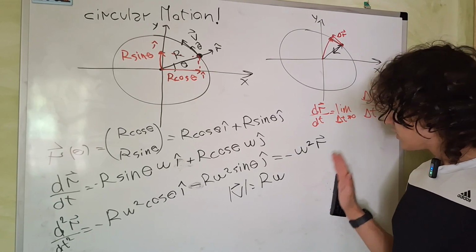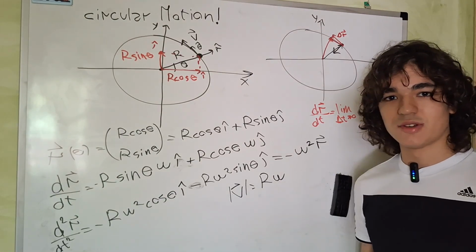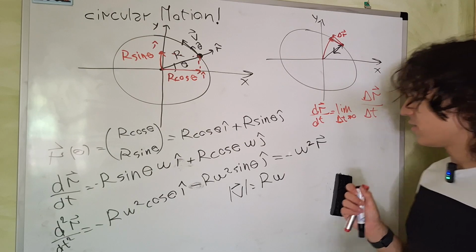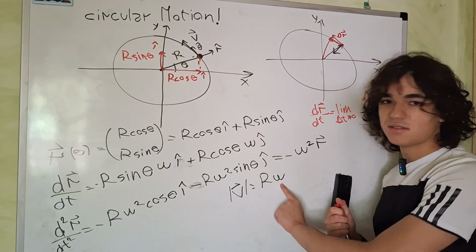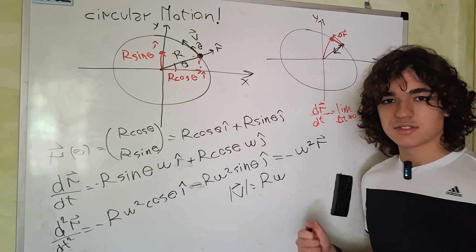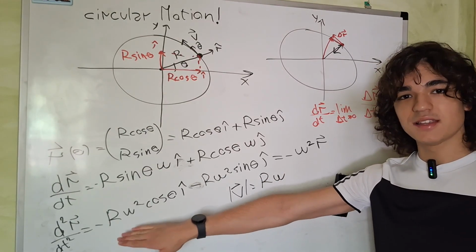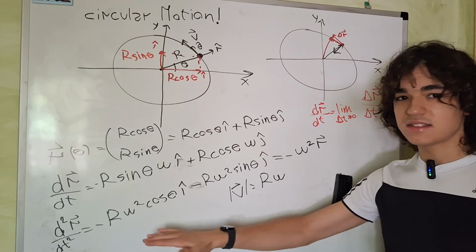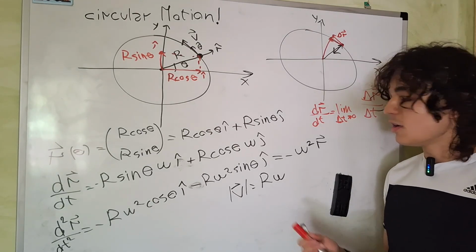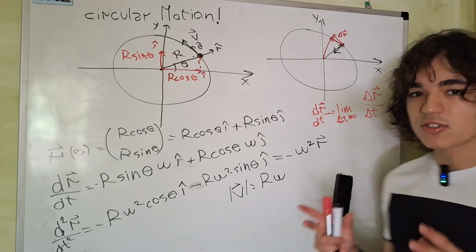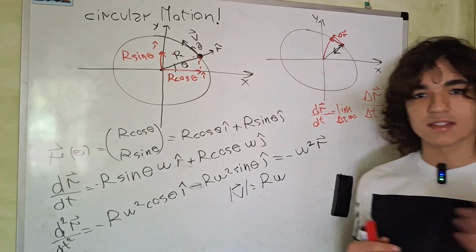Now, what is really important here is the acceleration, because as you can see, even though the magnitude of the velocity is constant, because the angular velocity is constant and the radius is constant, there's still an acceleration. We're accelerating. Even though it seems we're going with a constant speed, we're accelerating, because velocity is not a scalar, it's a vector, so it also has a direction.